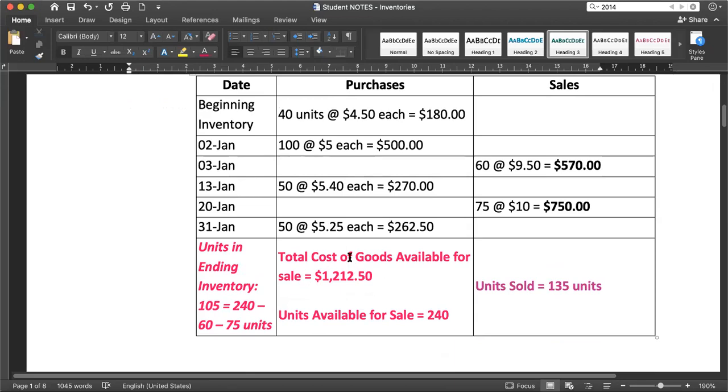And that adds up to $1,212.50. This is what was available for sale in terms of how much those units cost.